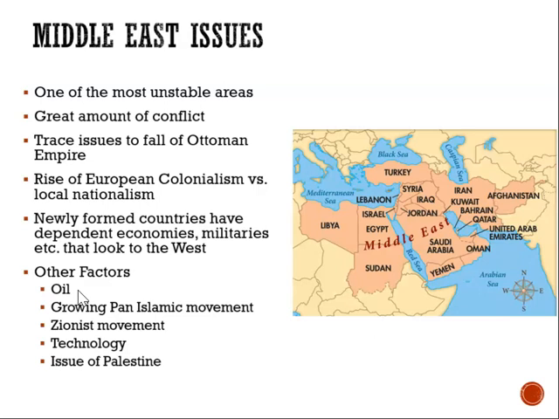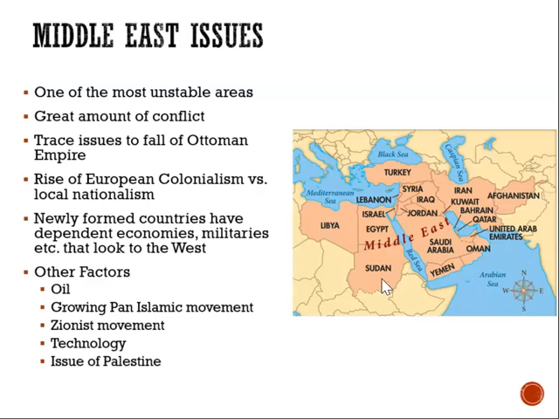This is going to bring a great amount of wealth, especially in Saudi Arabia and the Gulf areas like Qatar, Bahrain, and Kuwait, Iraq. We'll talk about that in a moment.